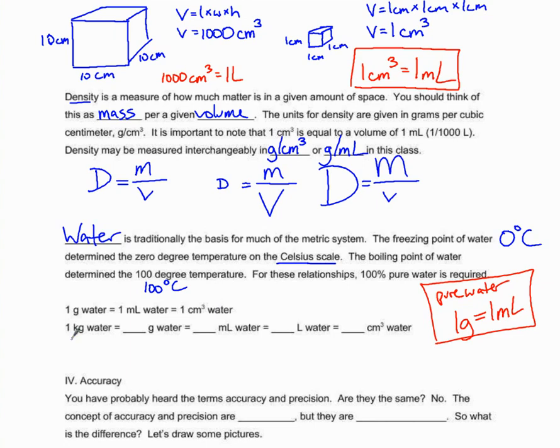How about 1 kilogram of water? 1 kilogram of water is 1,000 grams. Kilo means 10 to the third. This is 10 to the third grams, 1,000. Remember that 1 gram equals 1 milliliter. That means that 1,000 grams equals 1,000 milliliters of water.